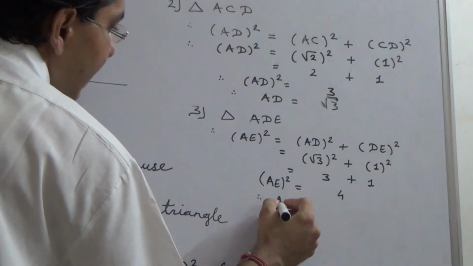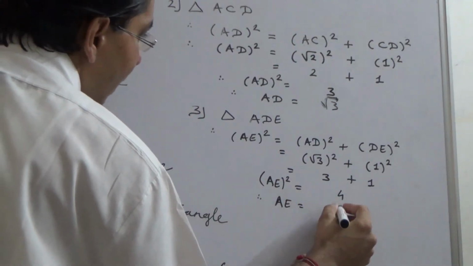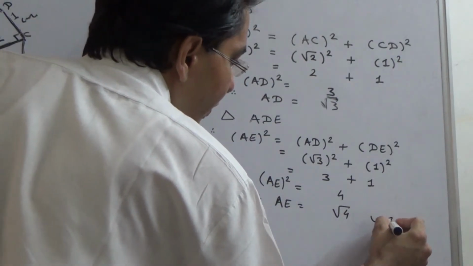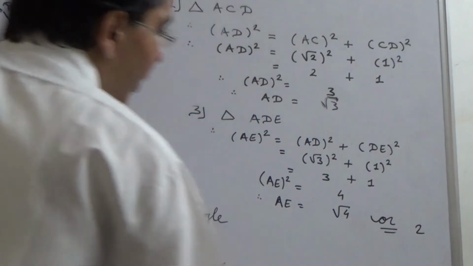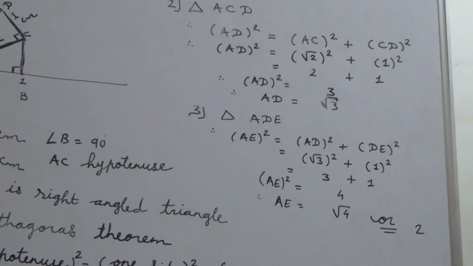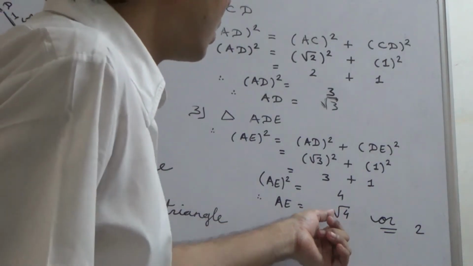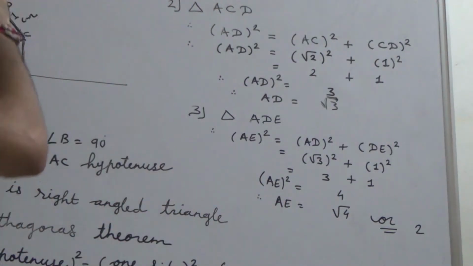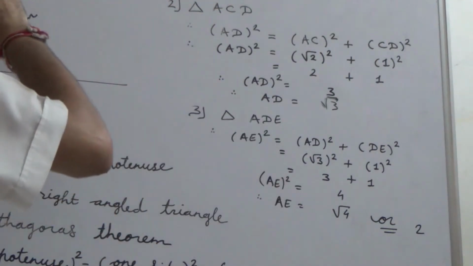So AE square is equal to 4. So can we say AE is equal to square root 4? 2 square is 4, so square root 4 is 2. So AE is square root 4.